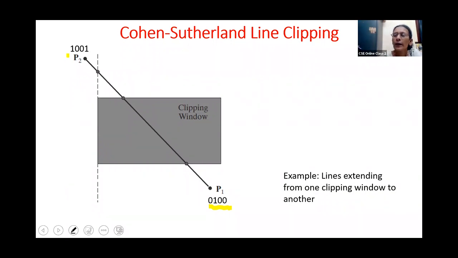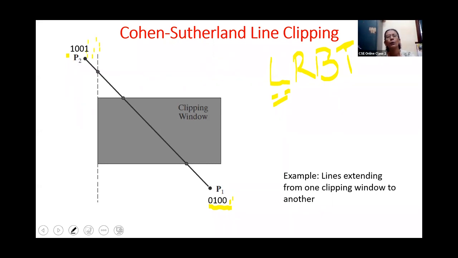I go in the order left boundary, right boundary, bottom boundary, and top boundary. First I consider the left boundary bit: for P1 it is 0, for P2 it is 1.